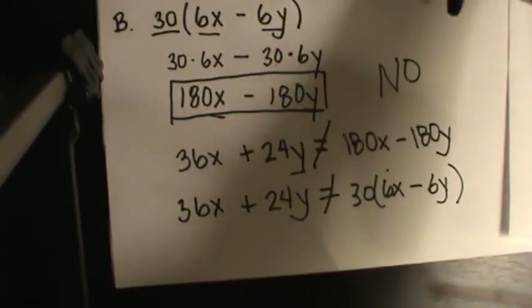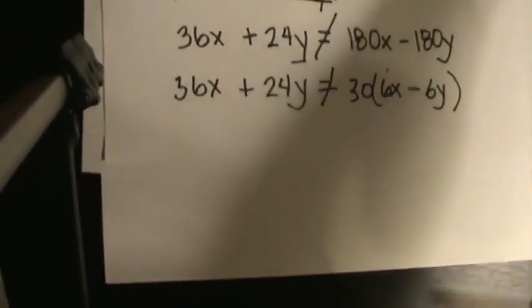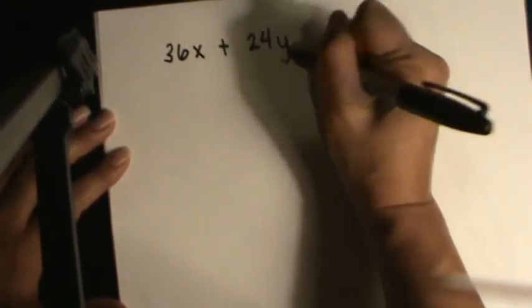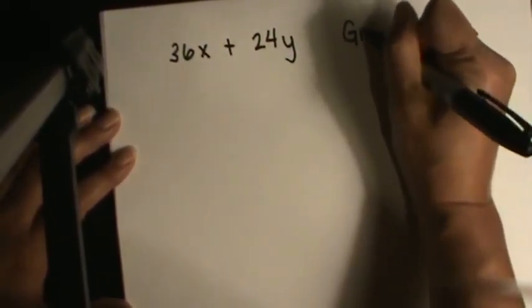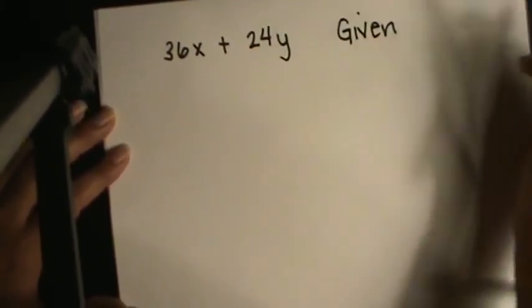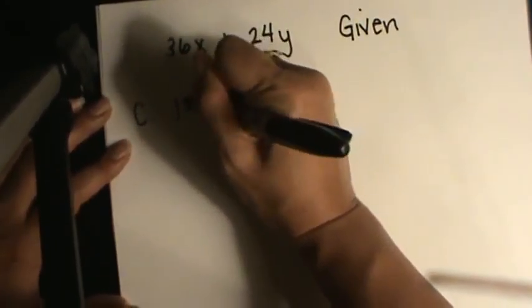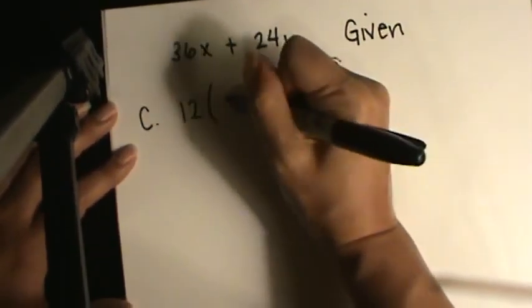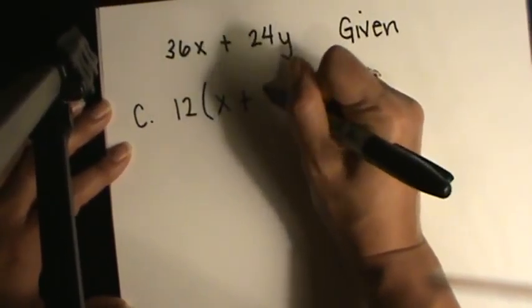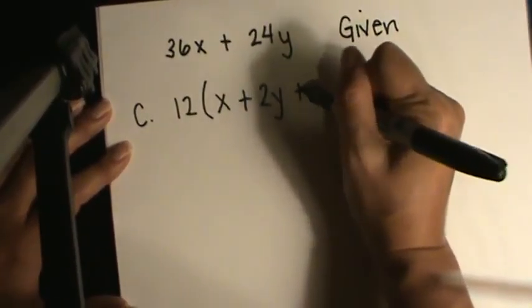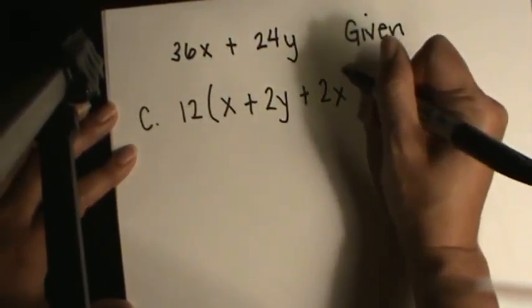The last one. (36x plus 24y) given, and C says 12 times the quantity of x plus 2y plus 2x.